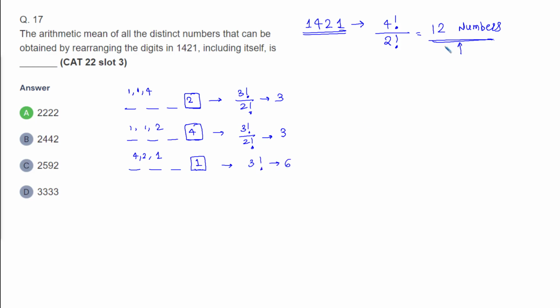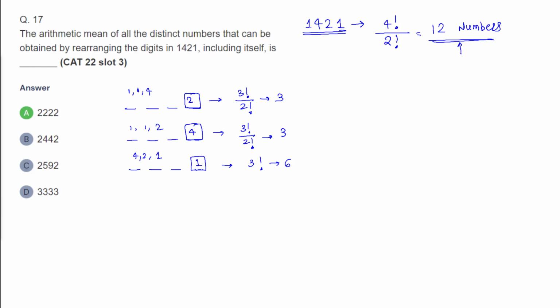So out of these 12 numbers, there are 3 numbers in which 2 will be at unit place, 3 numbers where 4 will be at unit place, and 6 numbers where 1 will be at the unit place, and the same thing will happen for 10th place as well as 100th place and 1000th place.